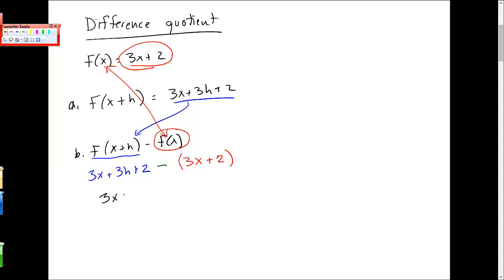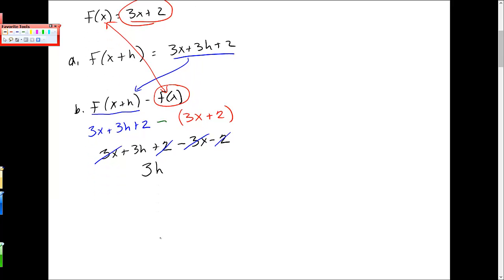So 3x + 3h + 2, minus 3x. First, just distribute this minus, and then you'll see the 3x's cancel here. They subtract, and the 2's also subtract, so I'm left with just 3h.